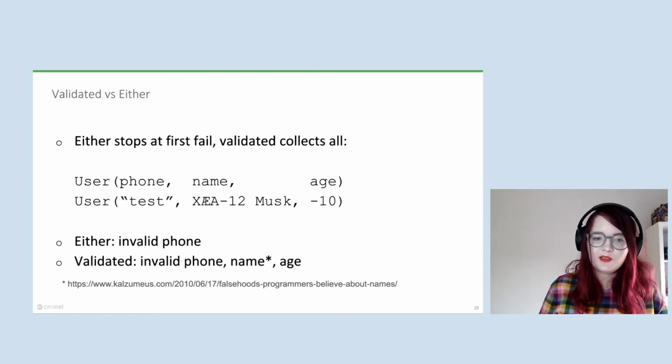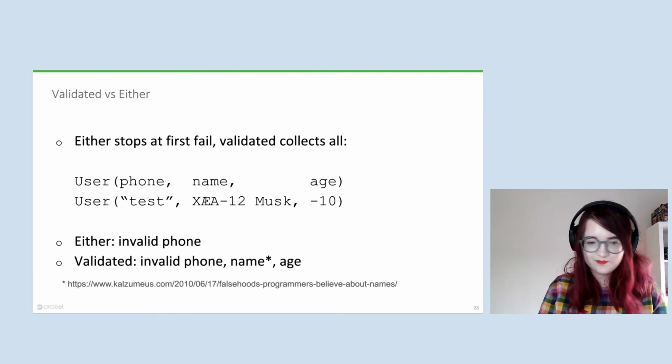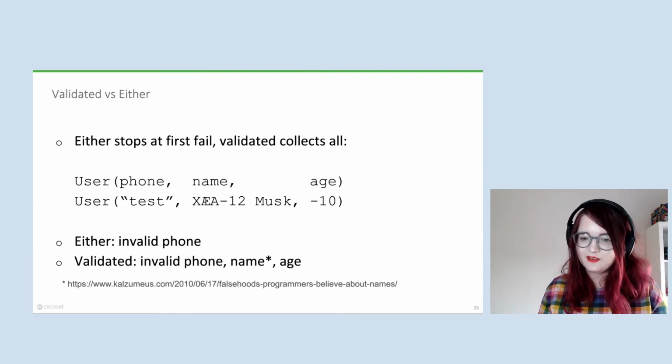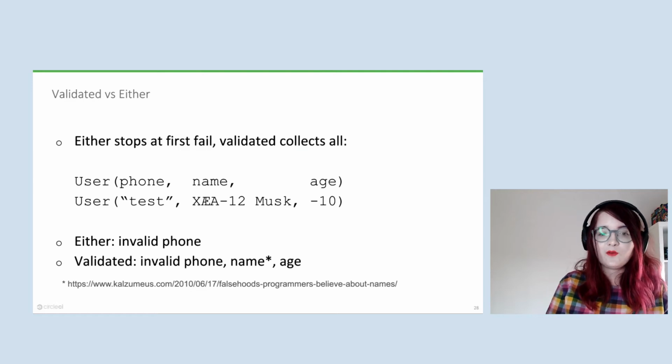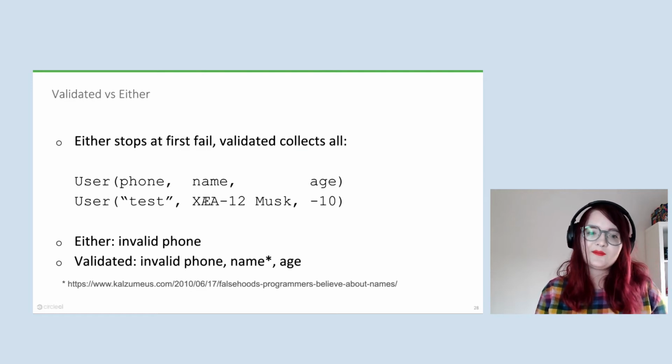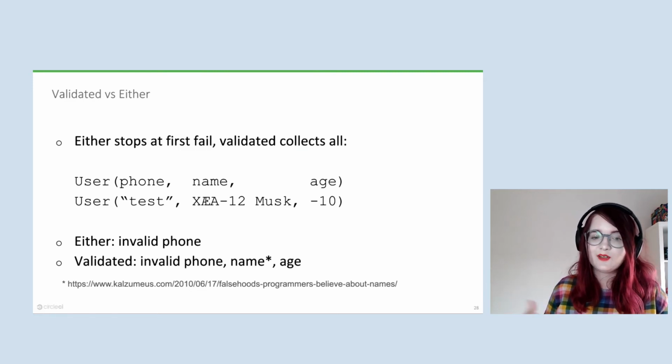Whenever we are using either, we're saying, okay, the first check which fails will be our failure. And for validated, we are collecting them all. So for a user, test is an invalid phone. Either will be left invalid phone, and validated will say invalid phone and age, and also name.